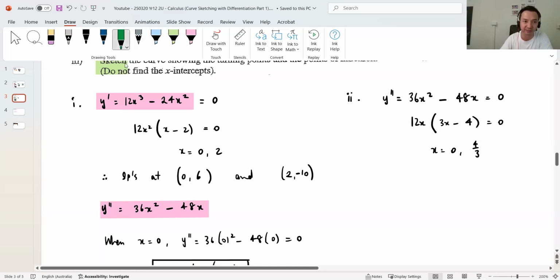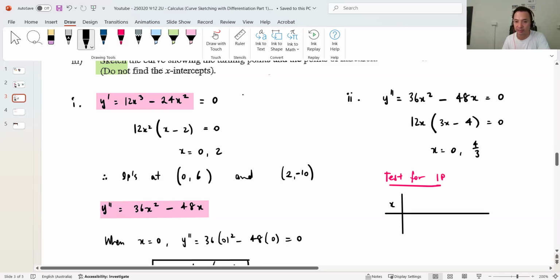I need a test, right? I already know that it's a hip, but let's test the second derivative, or test for IP. For the first one, when x is 0, be careful here: you can't use whole numbers, I'll go 0.1 and negative 0.1. I'm subbing these into the second derivative.